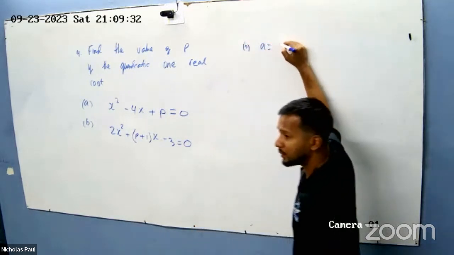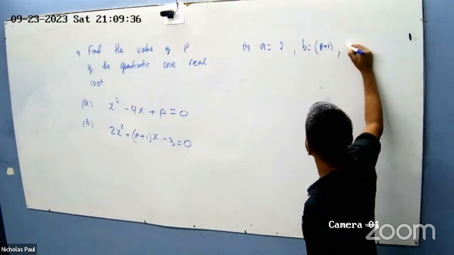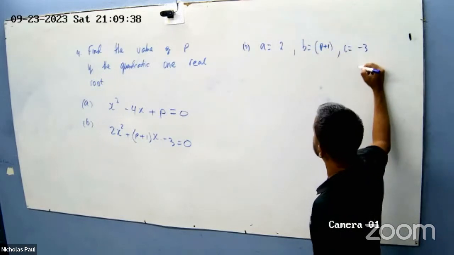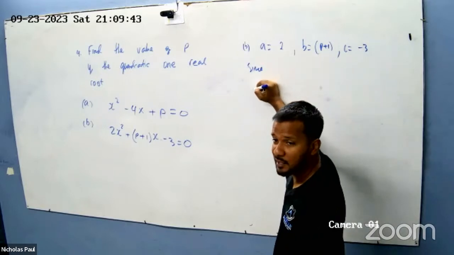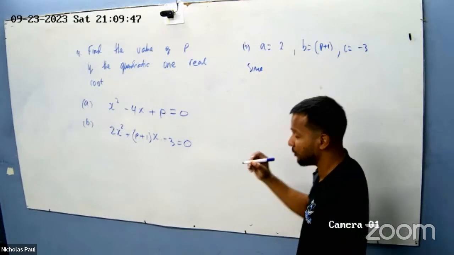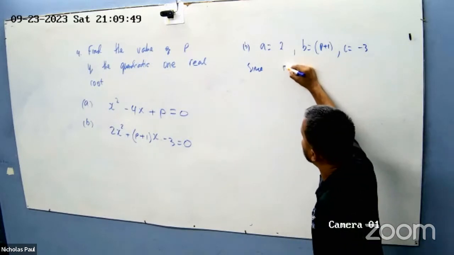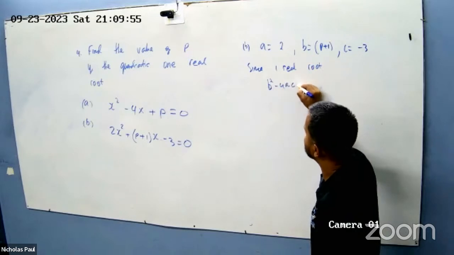A is 2, B is p plus 1, and C is minus 3. Every question you read, there's information in there. Write the information given. So since there is 1 real root, b squared minus 4ac is equal to 0.